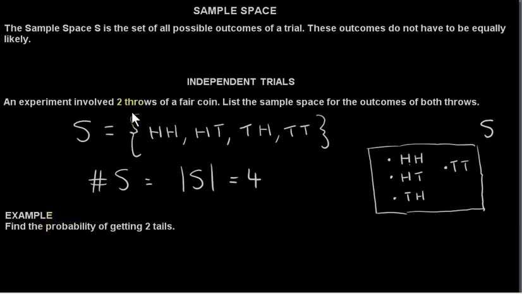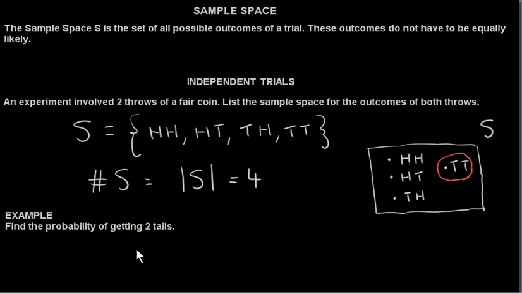Suppose that after the two throws of a fair coin, we are interested in the probability of getting two tails. Well, since we're dealing with equally likely outcomes, we just take the event that consists of two tails. That's just an event consisting of one element.